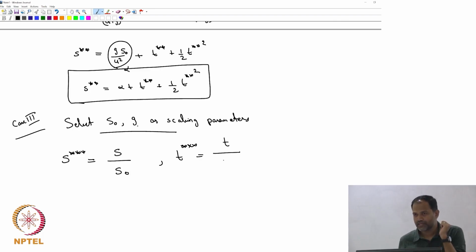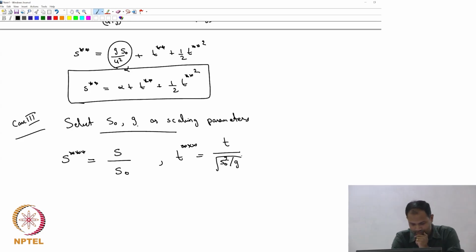You mean S0 square by G, that will have the dimension of, so this is meter square, this is meter per second square, so this will have the dimensions of second square. So you need that, right? Go ahead and non-dimensionalize.